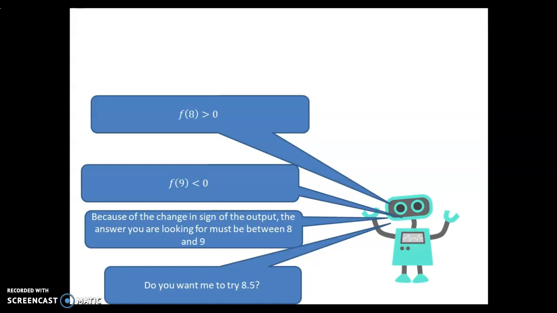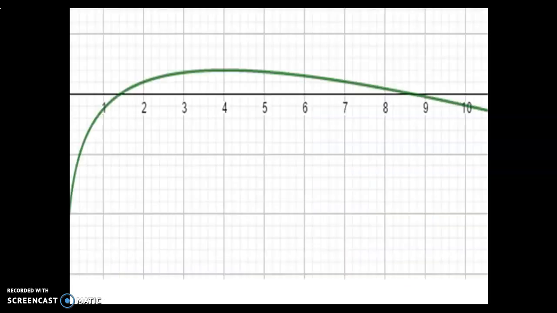So let's have a look at this first bit of the expression. f of 8 is bigger than 0, f of 9 is less than 0. Because of the change in sign in the output, the answer you're looking for must be between 8 and 9. Let's look at it on the graph. f of 8 was more than 0. f of 9 is less than 0.